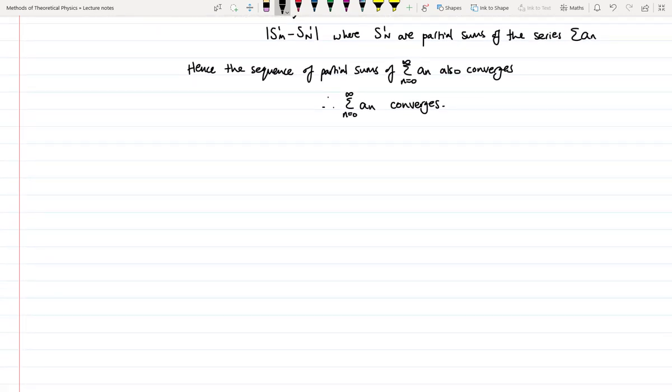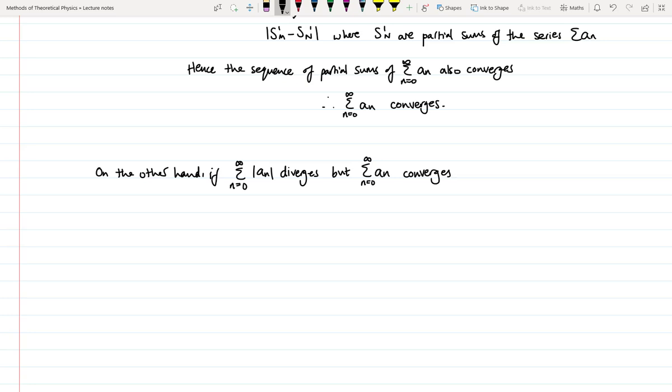So we've now established what absolute convergence means. What about conditional convergence? On the other hand, if the sum of the absolute value of terms diverges, but the sum of the terms alone converges, then we say that this series here is conditionally convergent.